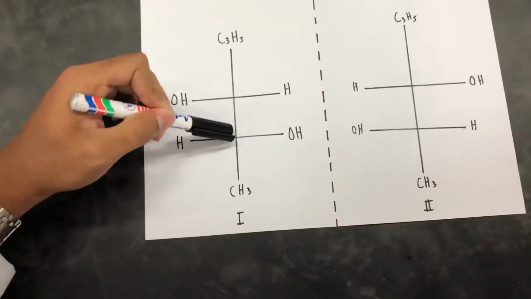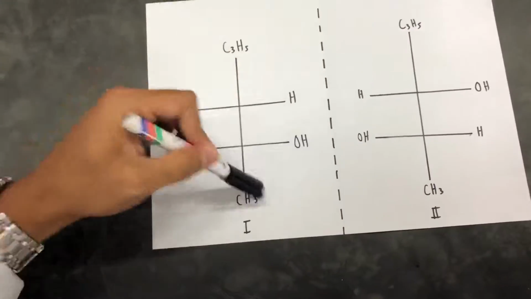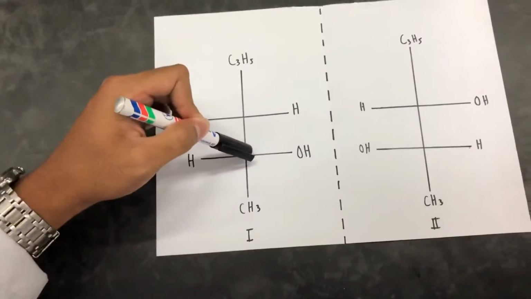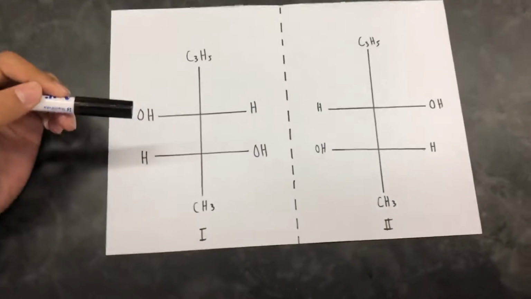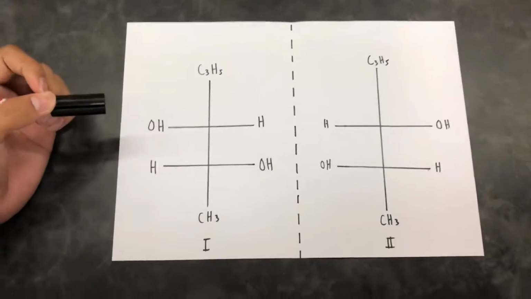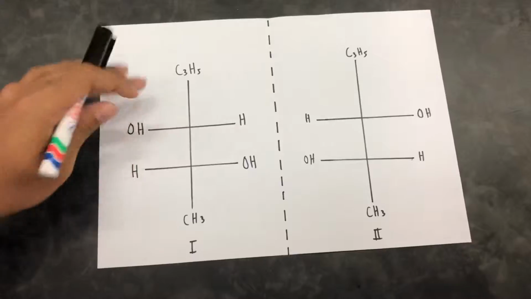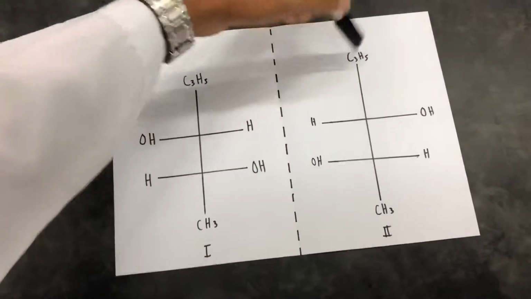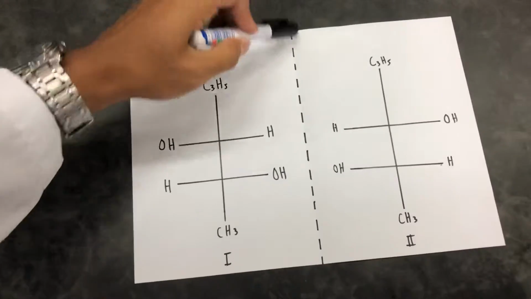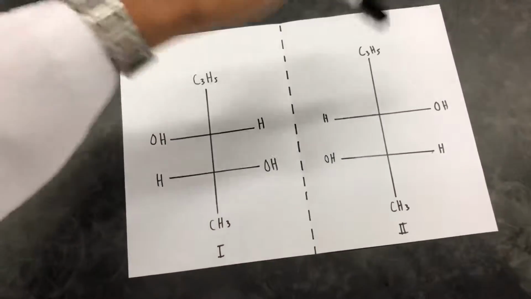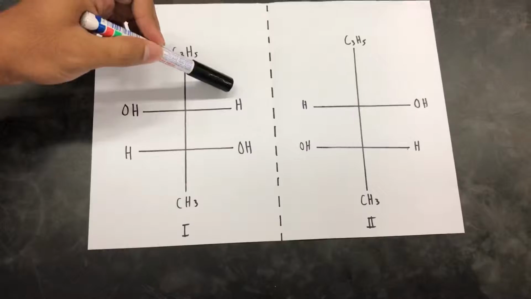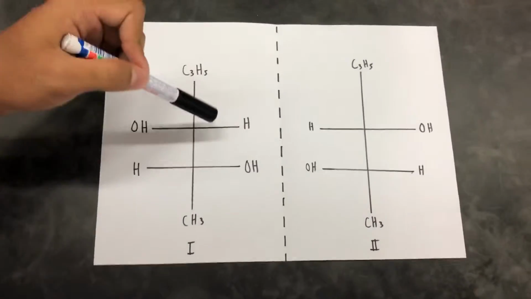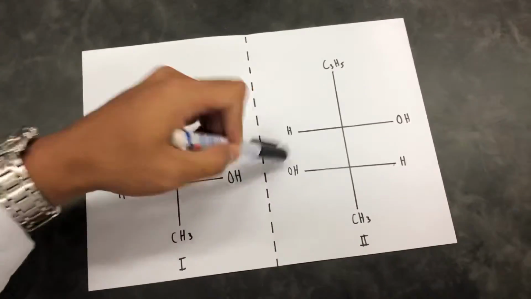It's the same with the second one, also connected to 4 different functional groups. This one is the second isomer. As you can see, it is the mirror image of the other one. You see the H and the OH are opposite, the OH and OH opposite.